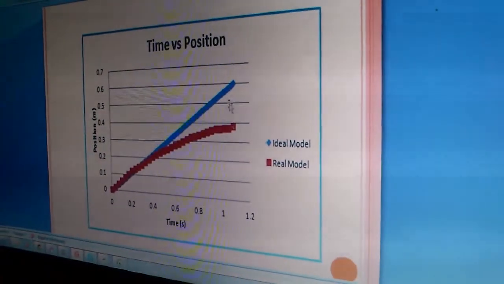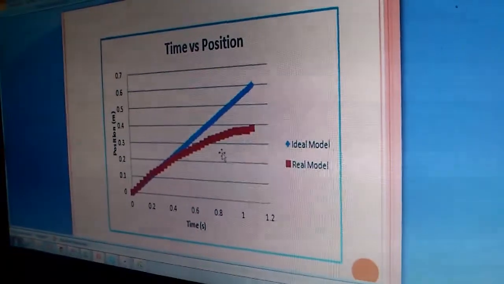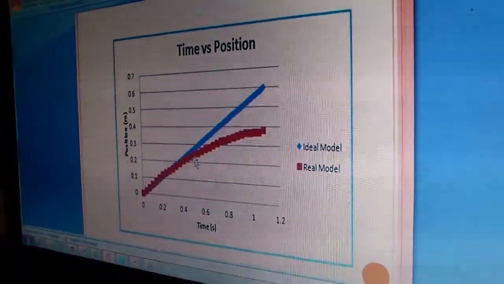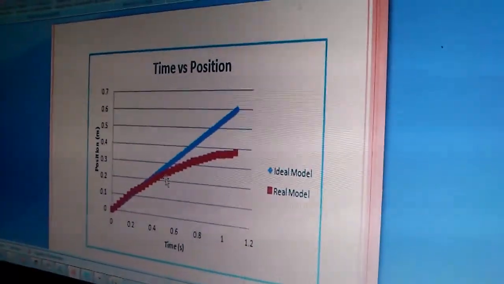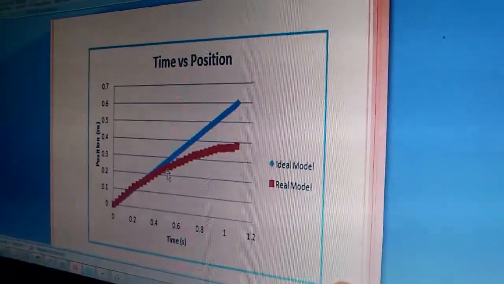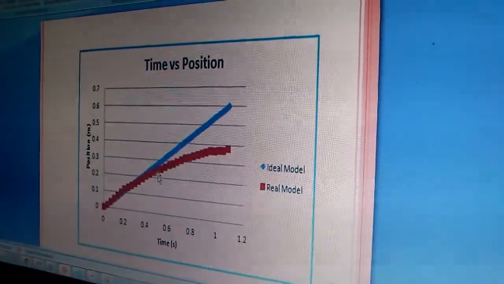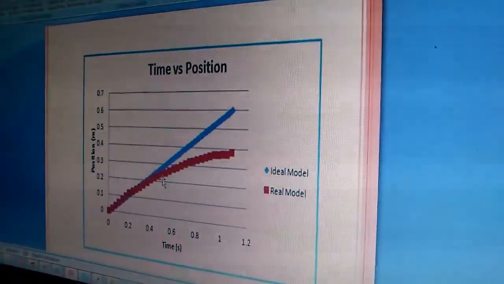We have this difference in the motion of the train because there is some friction. For the real model, the final position of the train is 0.382 meters. That shows that this train is not moving at constant velocity.